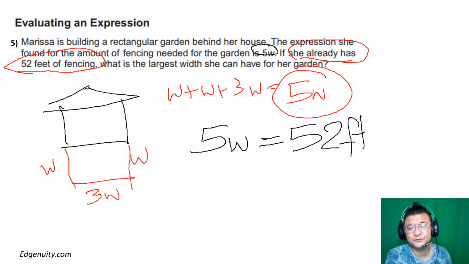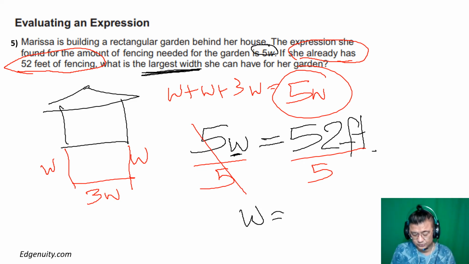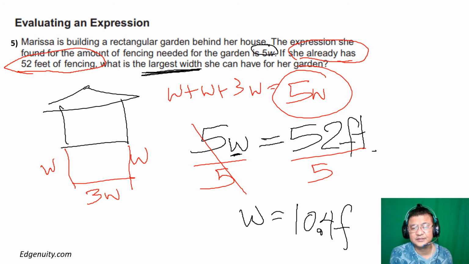So what is the largest width that I could use? I want to know what the W is. Okay. What is the opposite of multiplying by 5? Dividing by 5. Now W is alone. What is 52 divided by 5? 52 divided by 5 is 10.4. So let's write down 10.4 feet is the measure of one width.